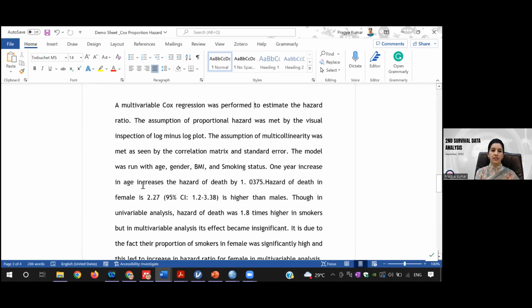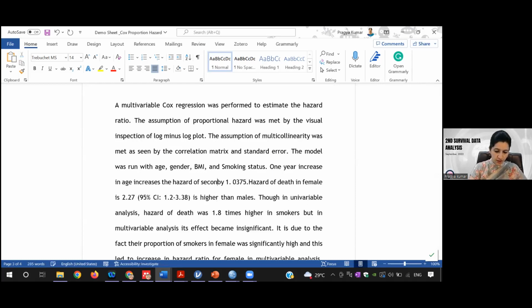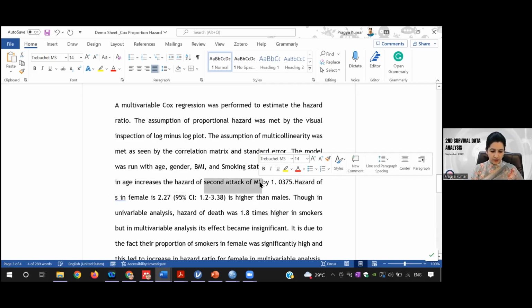A 1 year increase in age increased the hazard of death by 1 point. We have to write second attack of MI, it was not death, so I am changing it. It is the hazard of second attack of MI. I'll just copy this and paste it here.